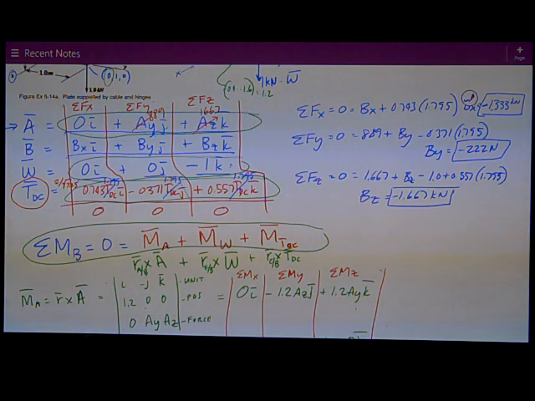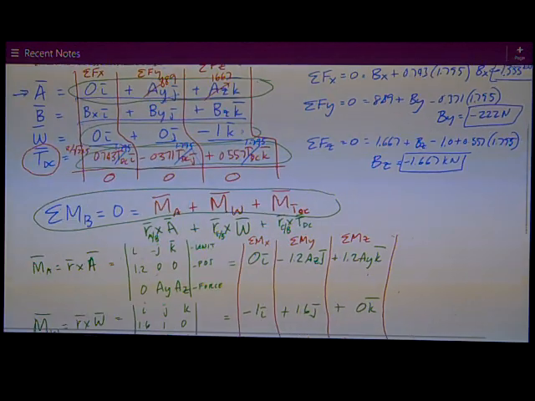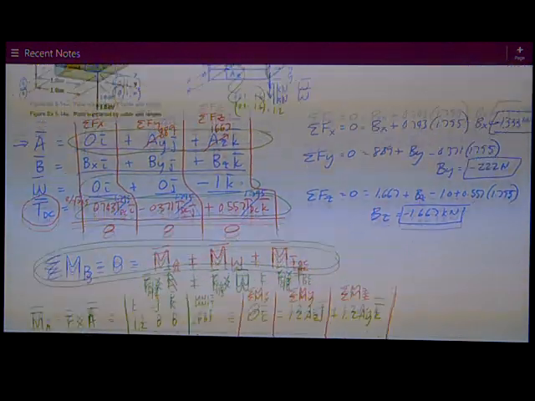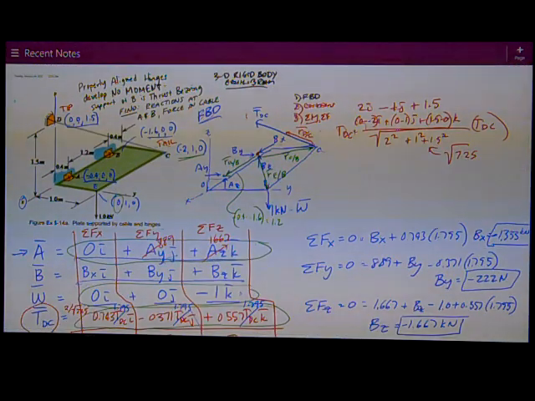Okay, real quickly, there exists an easier solution, at least to get the force in the cable. What I want to do, and it's a very powerful tool, is sum moments about a line.